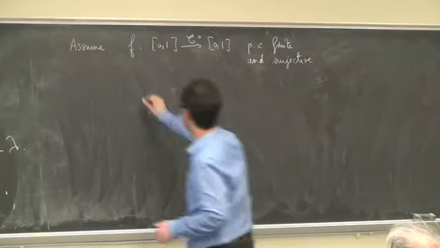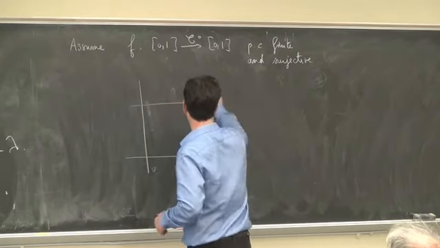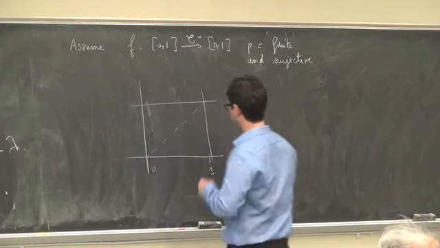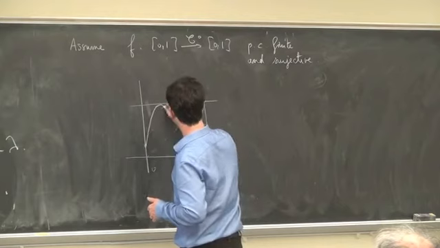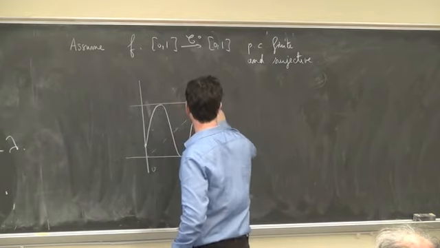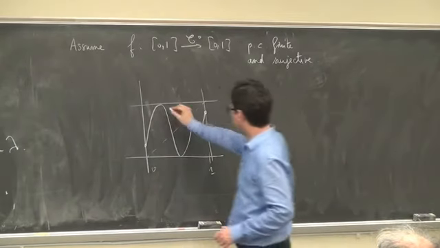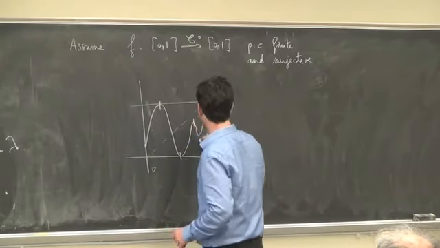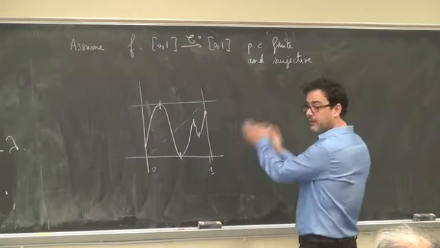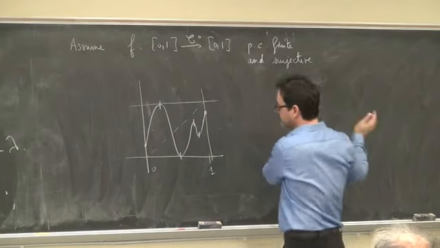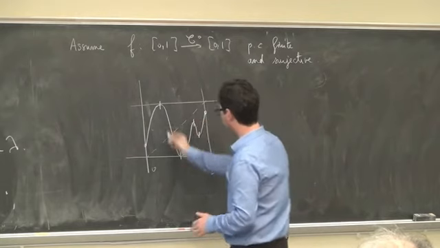Okay, so the interval, so that's the diagonal, and the graph of F. So I have a finite number of turning points, but also I can take the orbit of these points and I get a finite number of post-critical points.